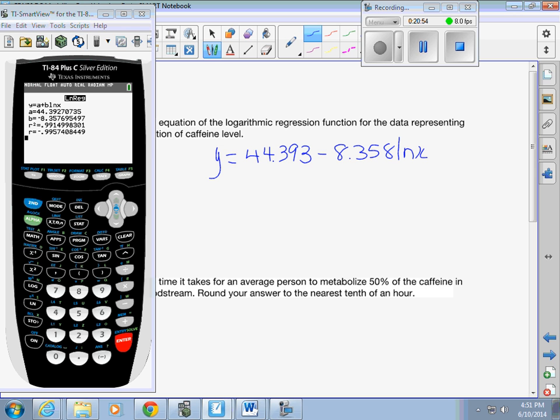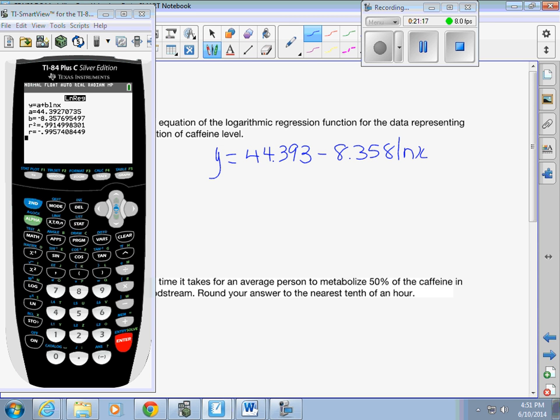B part says determine the time for an average person to metabolize 50% of the caffeine in his or her bloodstream. Round your answer to the nearest tenth of an hour. So if we had started at 200 milligrams, then we want to know 50% of that, so at 100 milligrams.